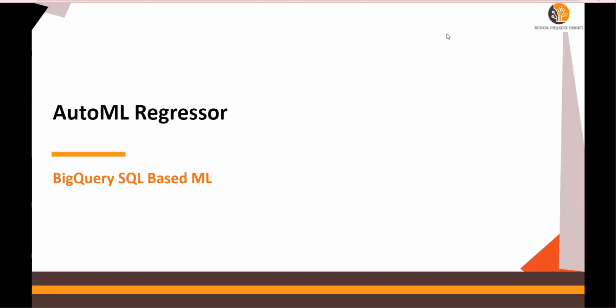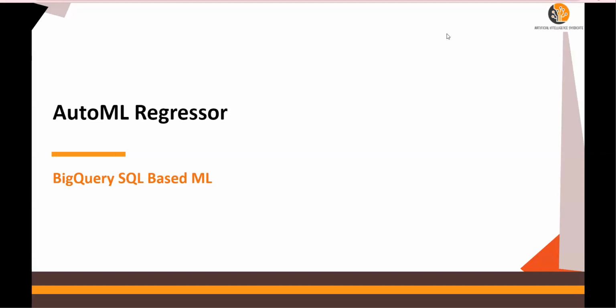AutoML, as automated machine learning, would pick the model that fits your data the best. Obviously, it's going to take a little more time to train your model, but it works and it at least saves you from picking the kind of model that would fit your data.